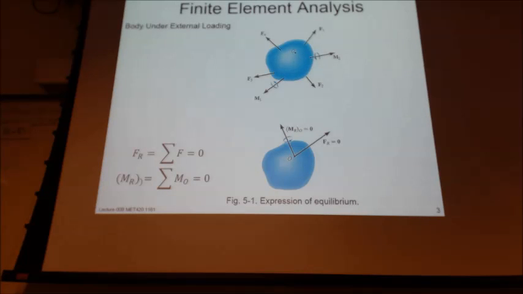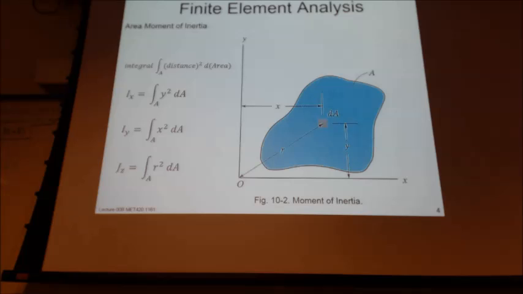The O represented here is our point of rotation or center of gravity, right? So moment of inertia for an area, and you should remember that from 311 or 312.